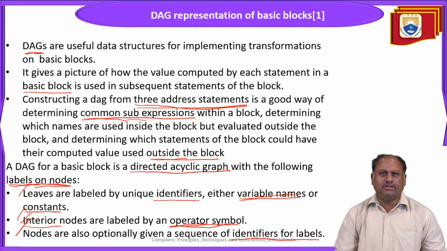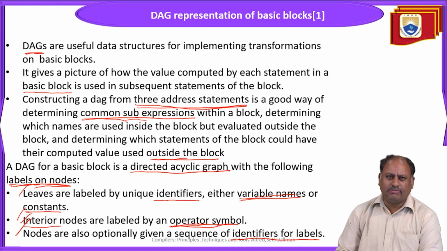So this is the main useful representation for the generation of the code from the previous phase representation, that is, from code optimization to the code generation phase, where the three address statements are depicted in the form of a graph representation. This is called the directed acyclic graph representation, where the instructions are transformed with the help of the three address statements as the basic blocks.